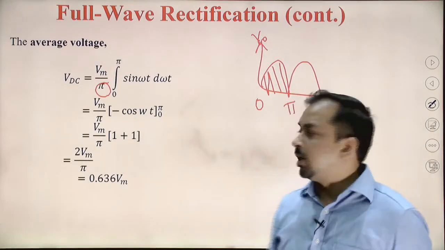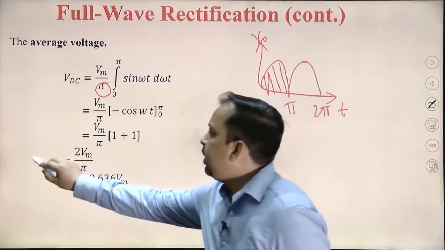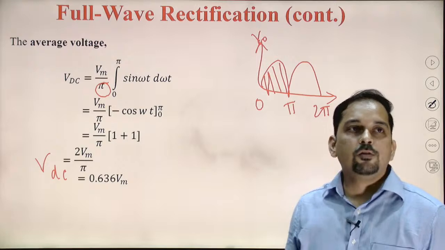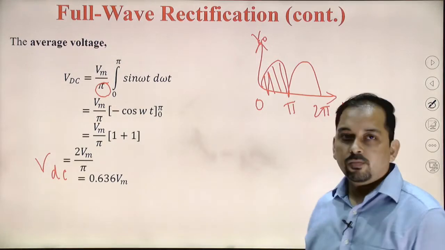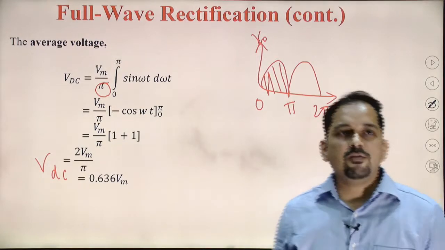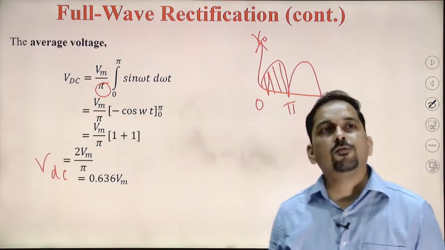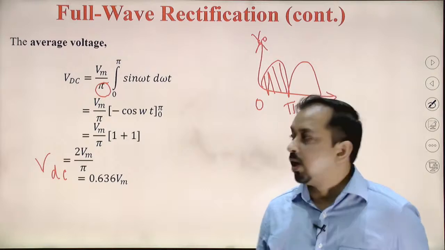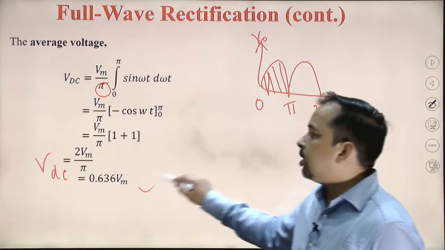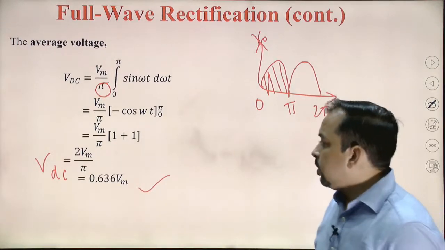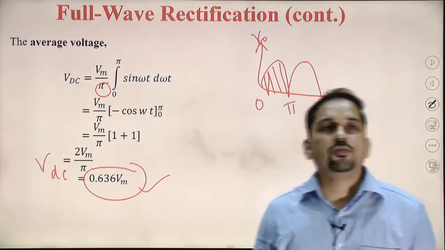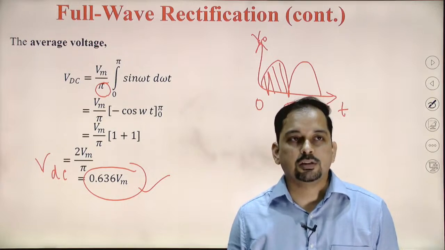If we solve this, we get the result that VDC, or the average value for a full wave rectifier, is 2 Vm by pi. Naturally, for the half wave we have seen a single peak, but for a full wave rectifier we have seen two peaks. So definitely the average value or the DC value gets doubled. If we solve this, we get VDC equals 0.636 Vm.